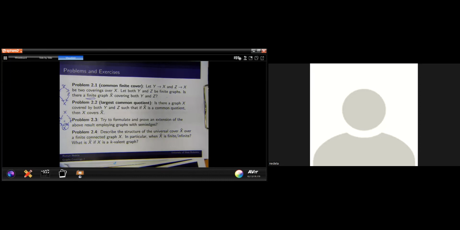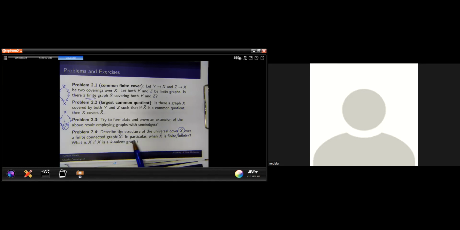And the last problem, describe the structure of the universal cover. This is also nice. For general spaces, it is a very difficult problem, but here it is possible to understand how the universal covers look over a finite connected graph.